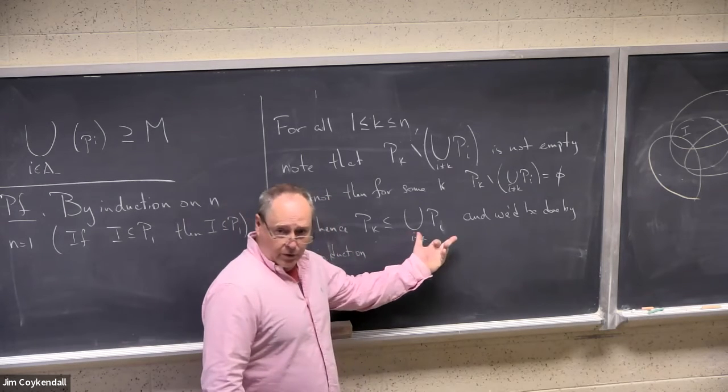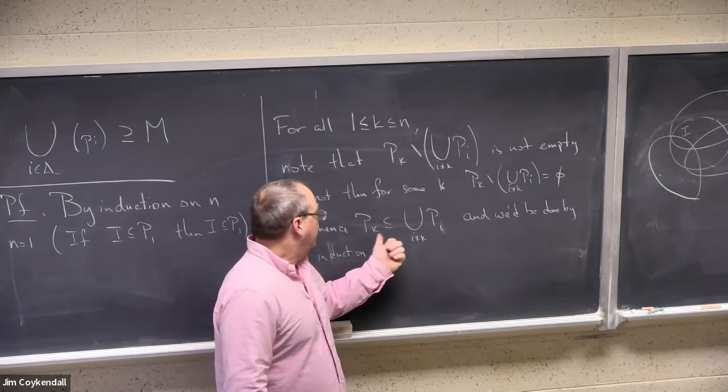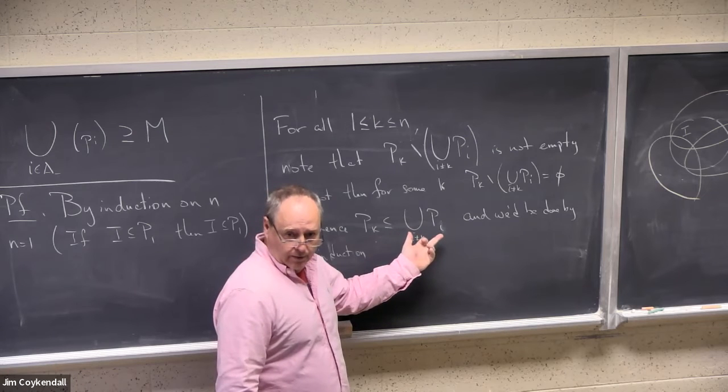Right, because now we're unioning one less prime. And so if pk is contained in that, it would have to be contained in one of them, right?